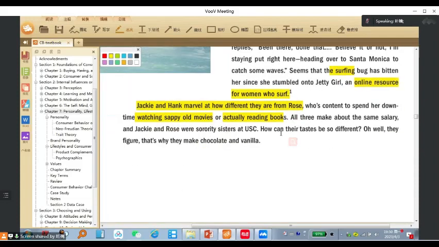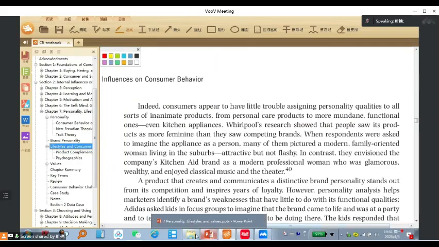So they spend their leisure time on different things. How can their tastes be so different? This somewhat explains the different lifestyles.